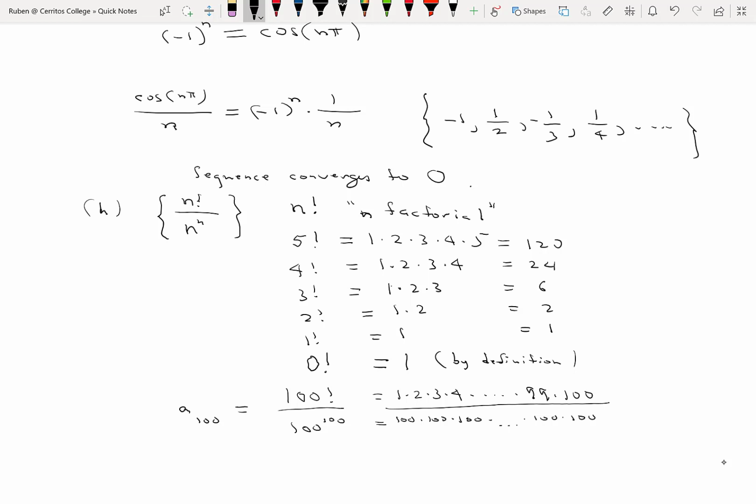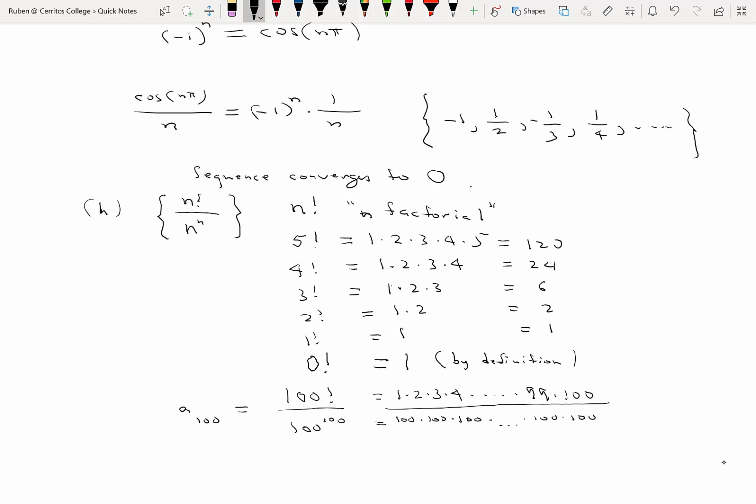In the numerator for this particular fraction, we have 100, then we have 99 and 98, and if we go backwards, 97, 96. In the denominator, the factors each remain as 100, so the denominator is substantially larger than the numerator.